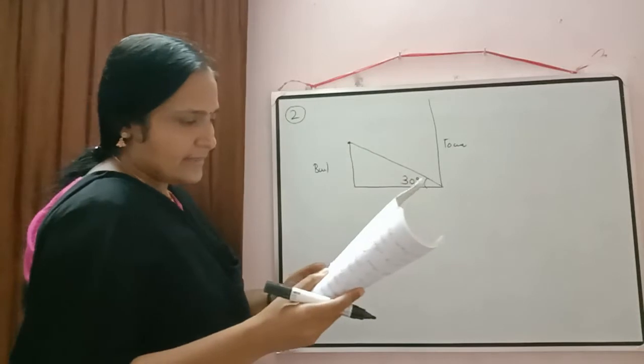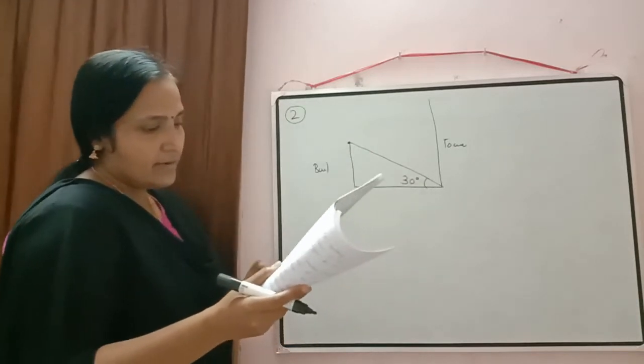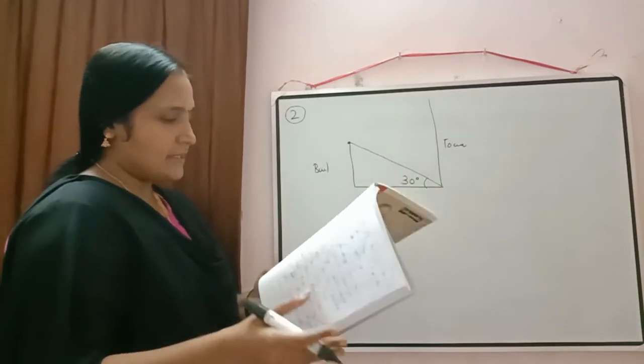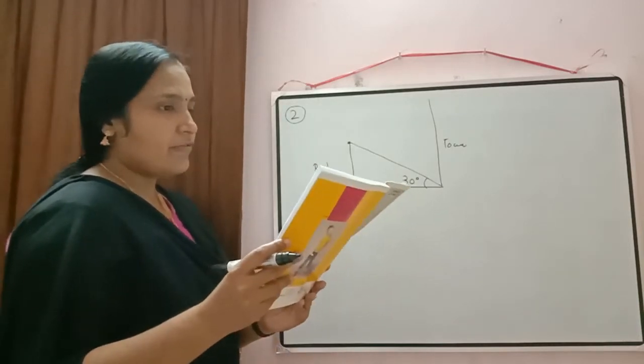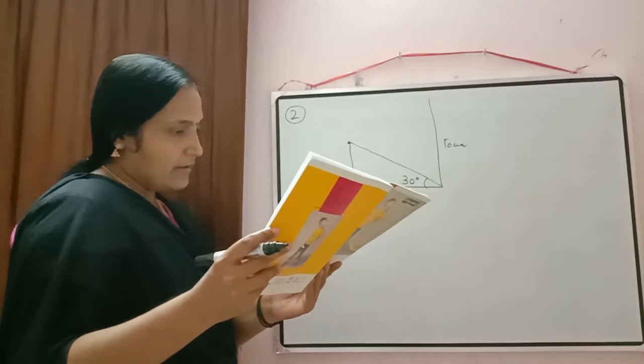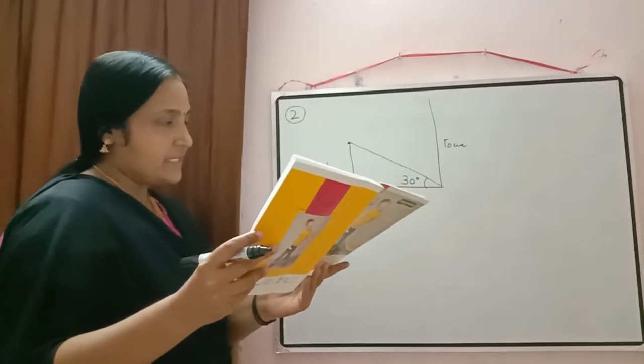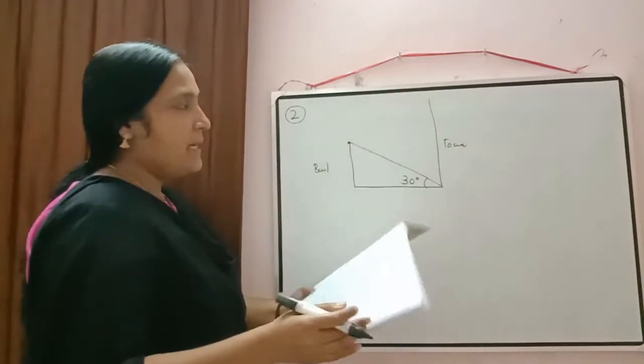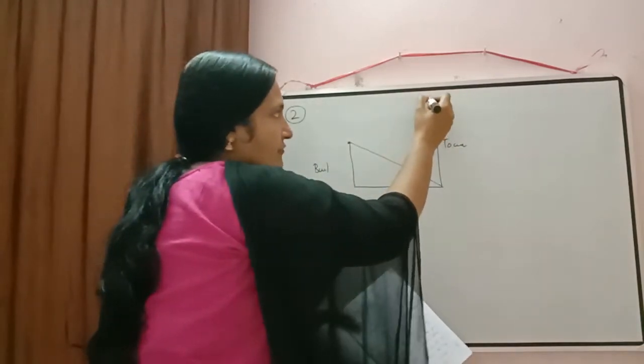Okay, and then what next information is given? The angle of elevation of the top of the tower from the foot of the building.